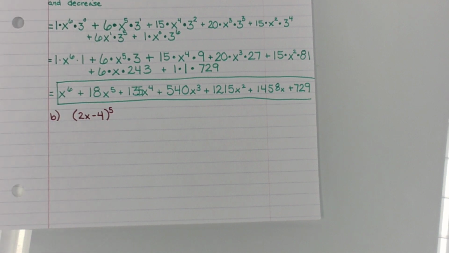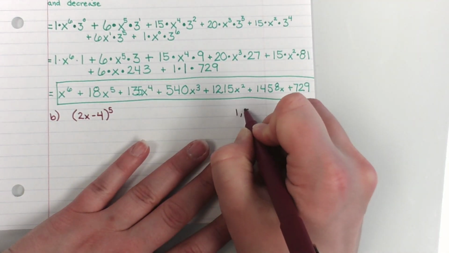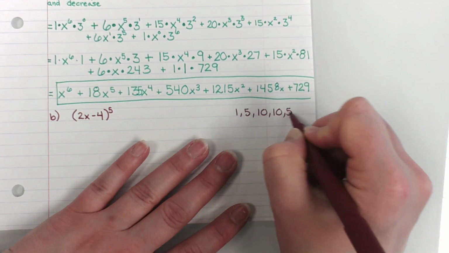Jada, which row of Pascal's triangle am I looking at? The 5th row. Alex, what is that 5th row? 1, 5, 10, 10, 5, 1. Good.